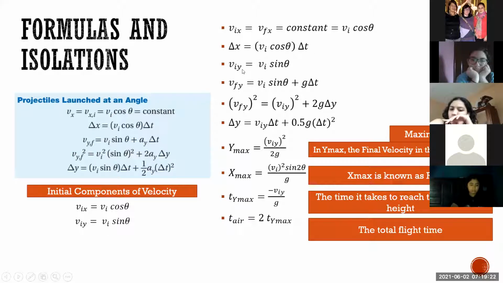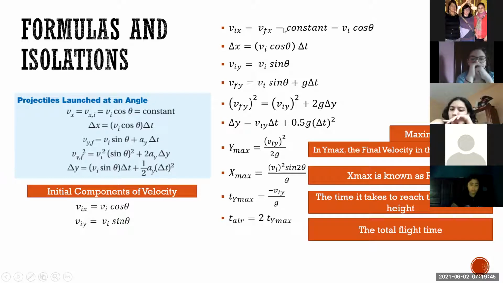To get the initial velocity in y, it's initial velocity times sine of the angle, just like we have here, okay? Now, what if you need to get a final velocity? Well, this is the equation that you should be using. It will be the initial velocity in the y component plus gravity times time.